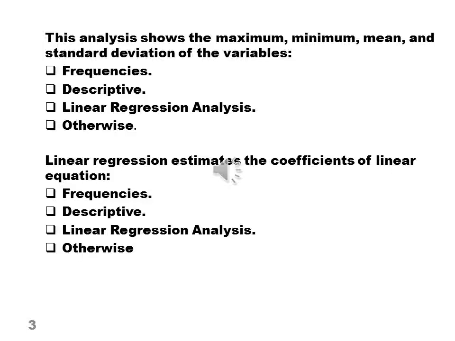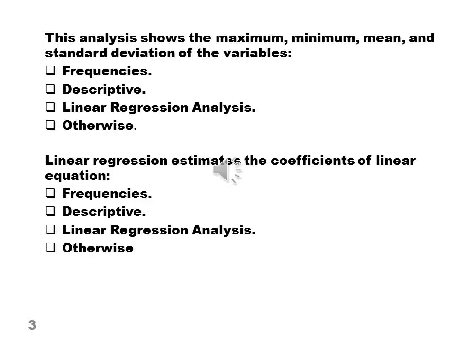This analysis shows the maximum, minimum, mean and the standard deviation of the variable. The analysis shows you the maximum, the minimum, the arithmetic mean and the standard deviation. This is all related to measures of dispersion and measures of central tendency. What about mean, standard deviation, median, mode, maximum and minimum?